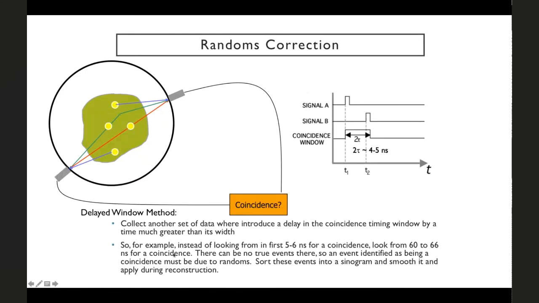So anything that the coincidence circuitry then says is a coincidence can't possibly be a true event. Instead, it's a measure of your randoms. So we'll take these events, sort them into sinograms, smooth them, and apply that during the reconstruction to compensate for the presence of randoms.